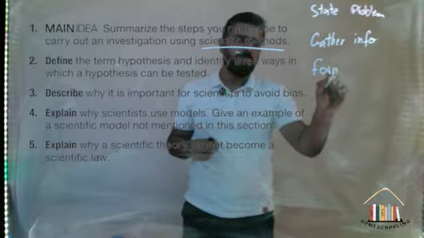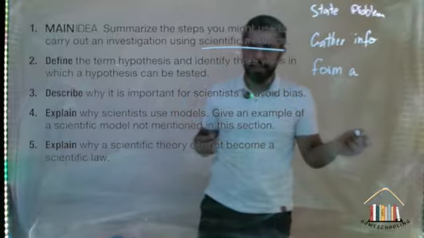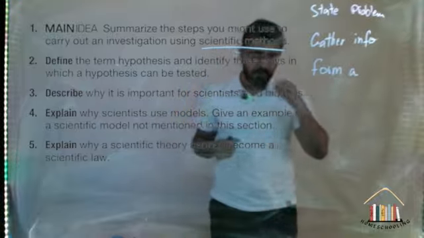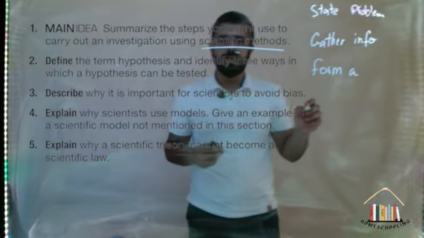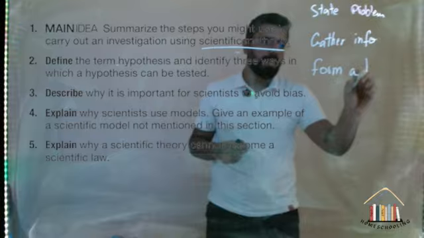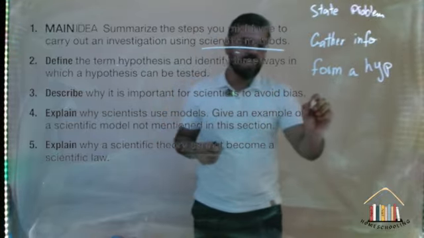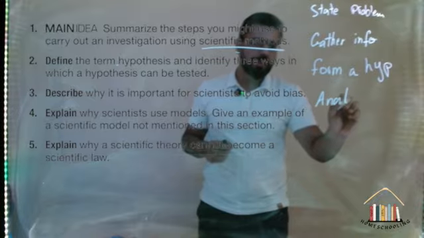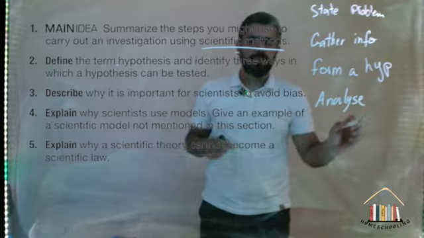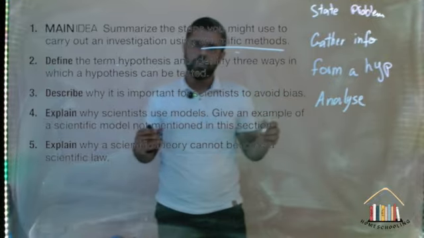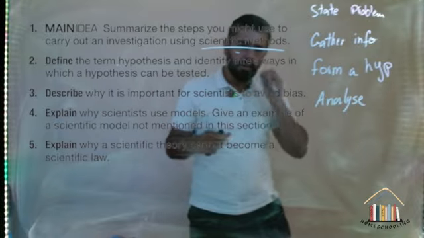We form a hypothesis, which is an educated guess, and this is a very important step of the scientific method. We form a hypothesis, we test the hypothesis, we analyze the data, okay, or we can make a small drawing or represent it in a better way.